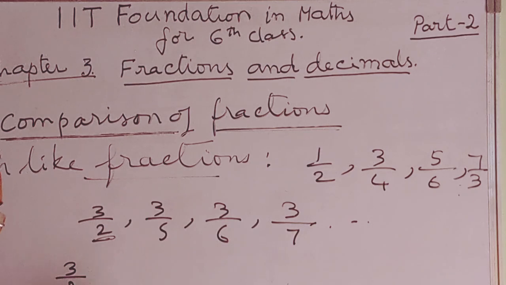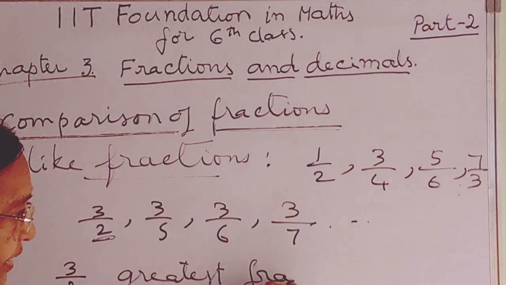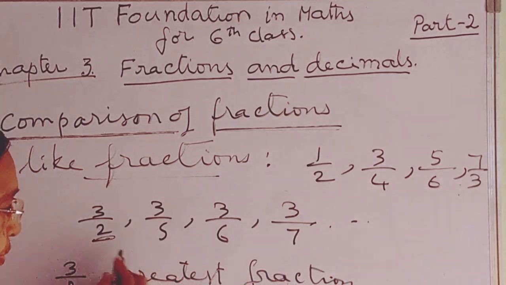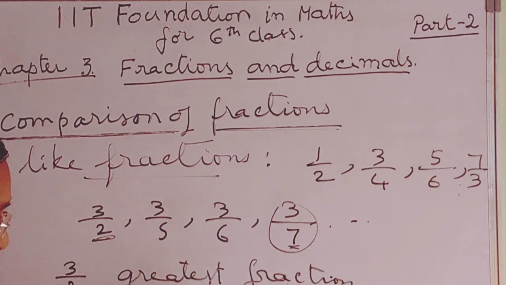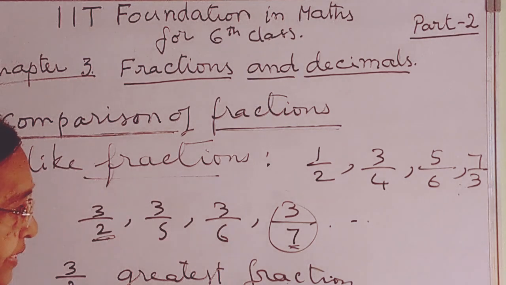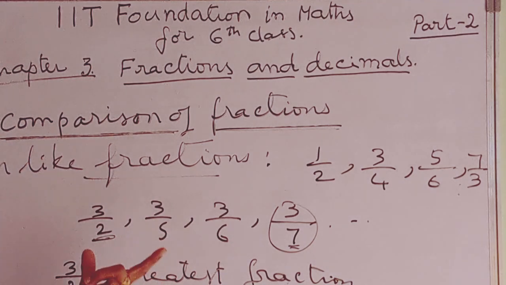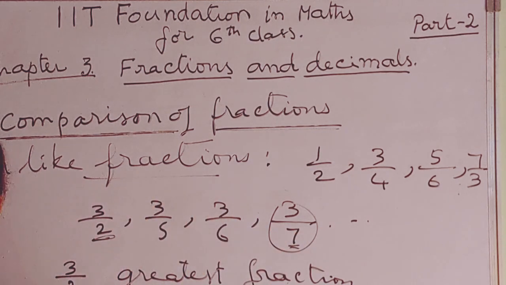Therefore 3 by 2 is the greatest fraction. And among all these denominators, 7 is the greatest. Therefore 3 by 7 is the smallest fraction. Thus, we can compare the unlike fractions whose numerators are the same. And we can compare the like fractions.